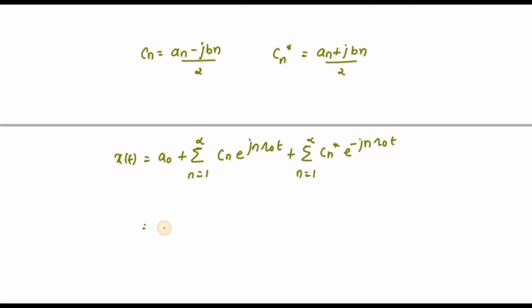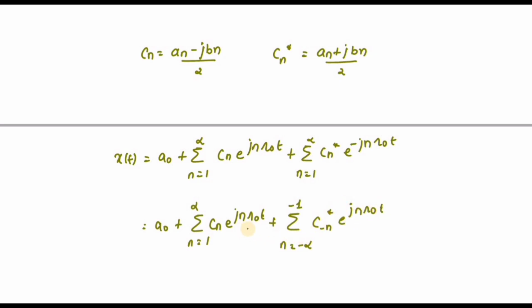So in this equation, if I want to change the value of n into minus n, this becomes n is equal to minus 1 to minus infinity, right? So I can rewrite it as minus infinity to minus 1. So I'm going to change n into minus m.